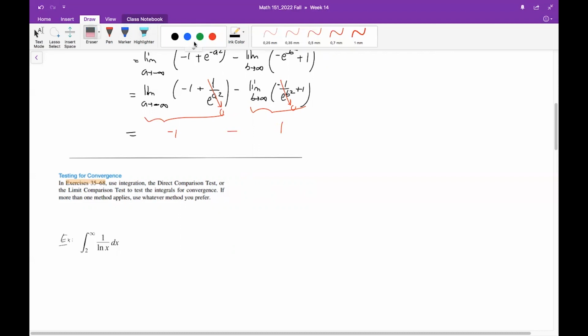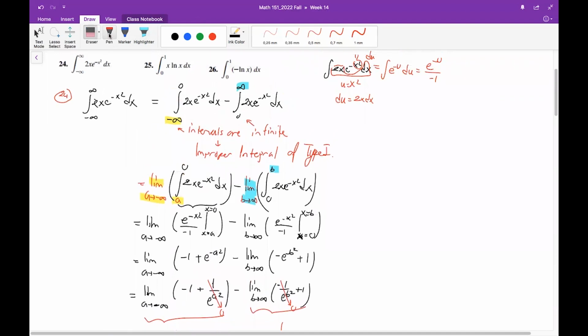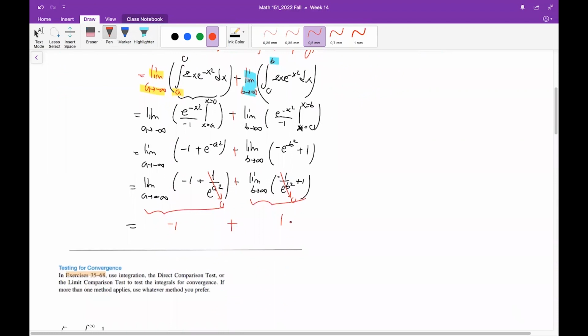So the result is... let me see. By the way, I think I forgot to put this sign as a plus because we are dividing the integral, these should all be pluses. So the result is 0, which is a finite number.